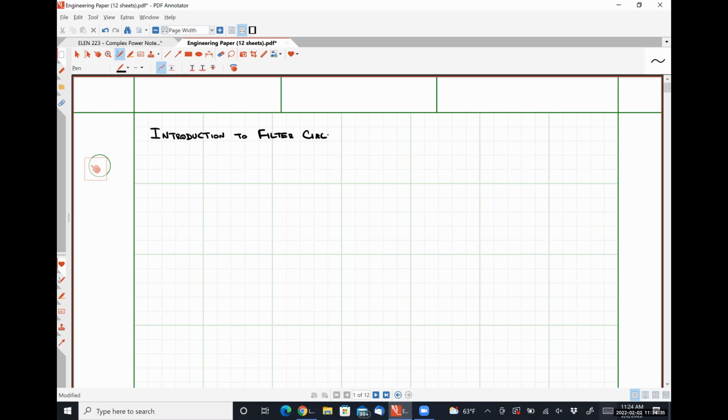I'm going to ask you guys a very generic question. What does a filter do? So don't even think about electrical circuits. You have a vehicle, or some of you have vehicles.